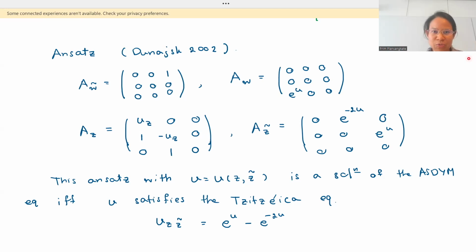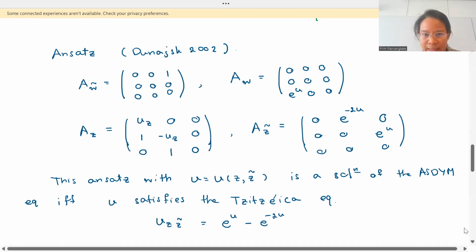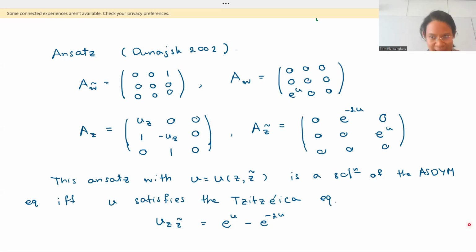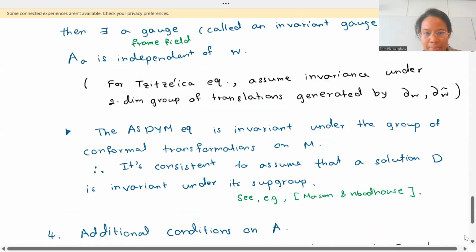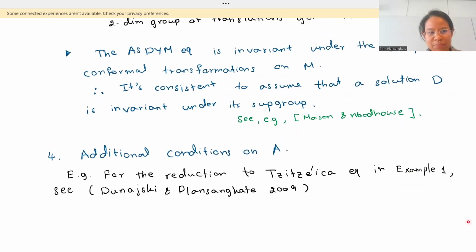To put it in this form, we need to put more conditions on it, right? In fact, for this example, it is possible to give gauge invariant conditions that characterize this ansatz. That means that if the connection satisfies these conditions, then it can be put into this ansatz. That condition is in the paper of Dunajski and myself in 2009.